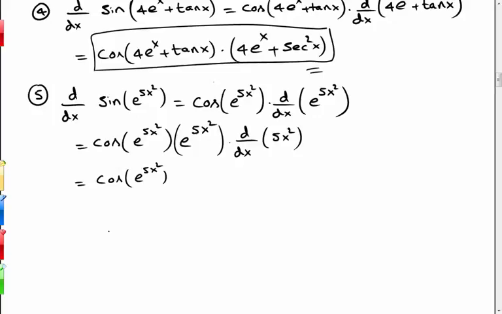Now just to add clarity as to what we are multiplying, this cosine of e to the 5x squared, that quantity is separate, and that is multiplying this quantity e to the 5x squared, and finally d dx of 5x squared is simply 10x. Right? There you go.